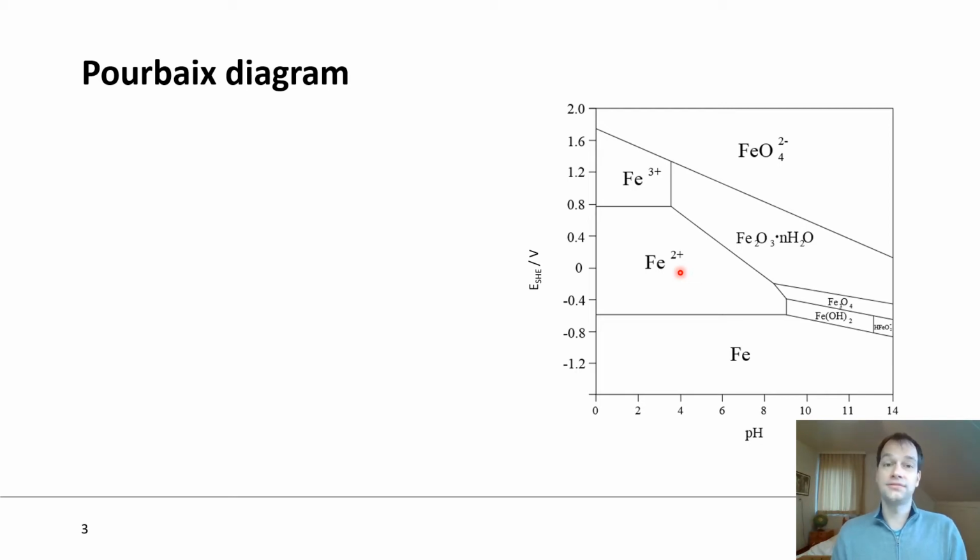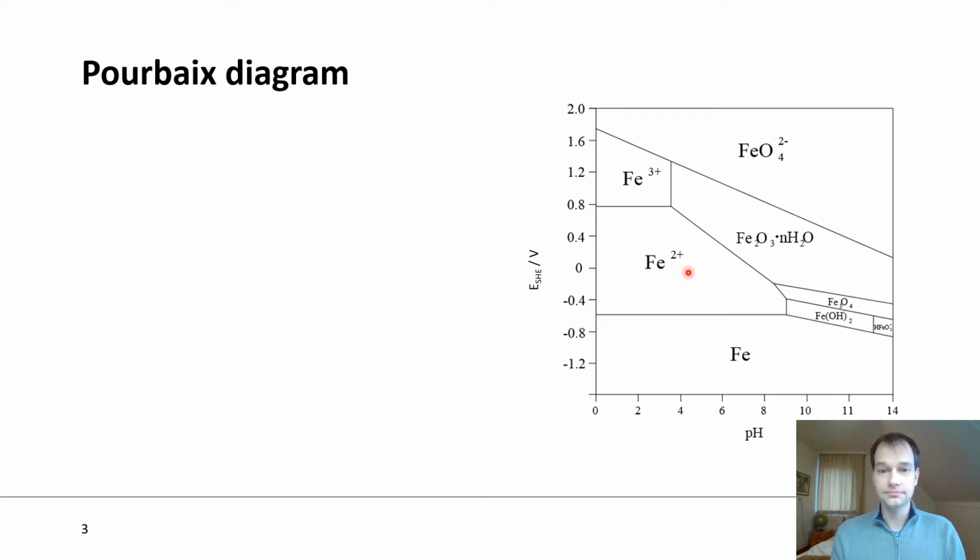So if you have metallic iron and you apply a potential of 0 volts at a pH of 4, you know there's a thermodynamic driving force for it to convert from iron into iron 2 plus. Does not mean that it necessarily immediately starts converting, because that will also depend on the kinetics, but it indicates that there is a driving force.